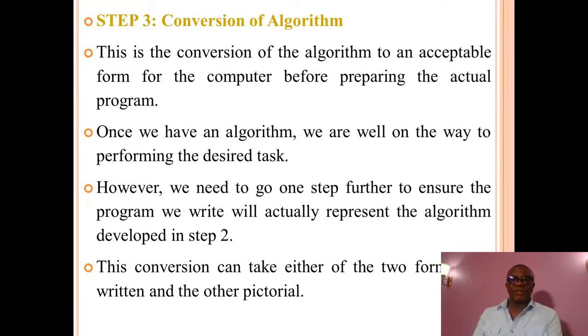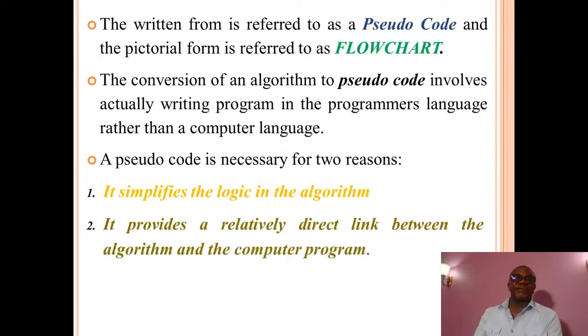This conversion can take either of two forms, one written and the other pictorial. The written form is referred to as pseudocode, and the pictorial form is referred to as flowcharts.